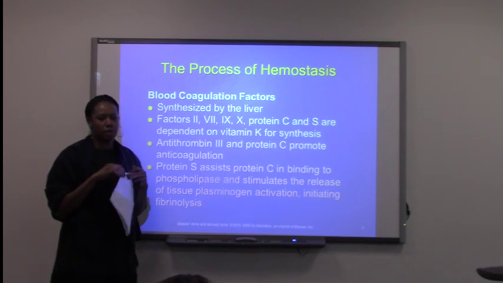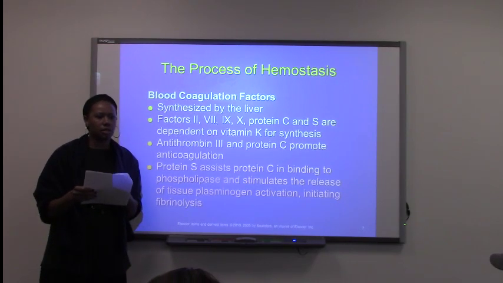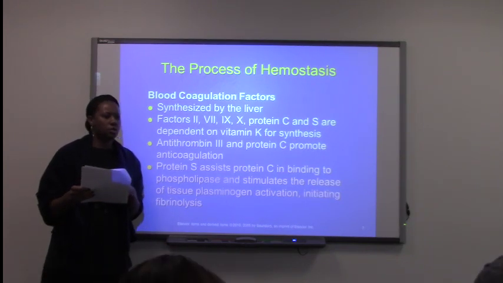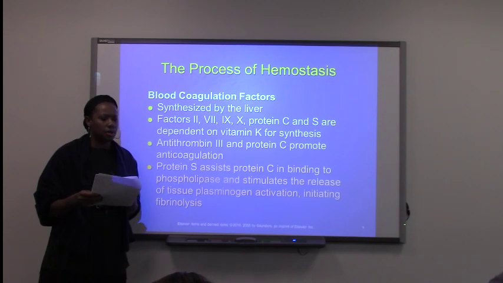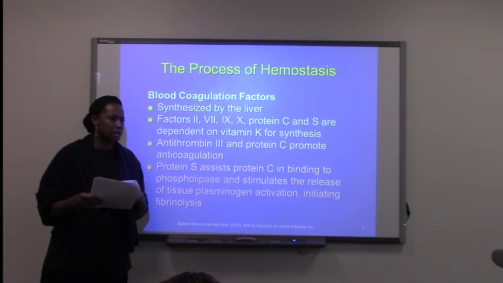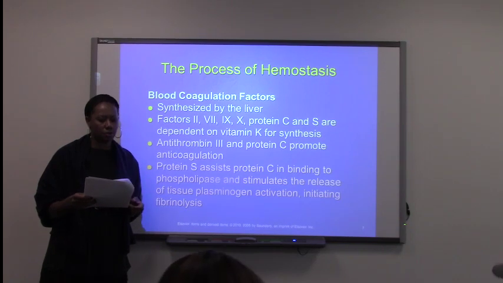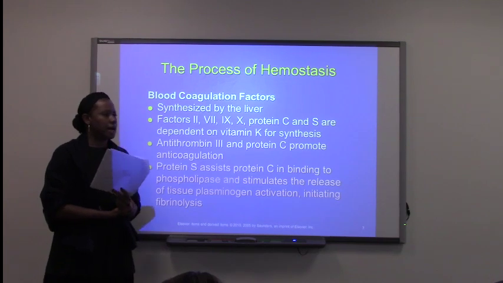So warfarin, W-A-R-F-A-R-I-N, is the generic name of Coumadin, because they have different types of it. Coumadin is one of the commonly known types of warfarin that is used. I want you to know that this medication interferes with the vitamin K dependent factors.